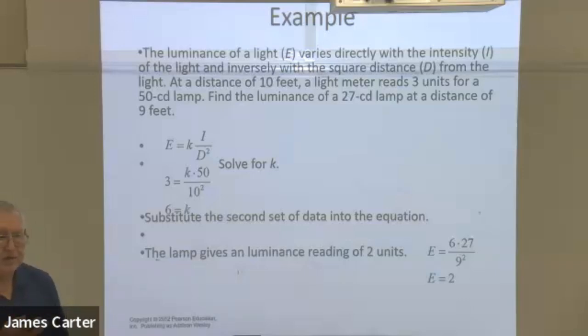The wattage is how much electricity is used. The luminance is how bright it is. So that's a consumer thing. And then here's the distance. Well, you solve this. 50 over 100 is a half. And so you take 2 over 1 times both of these, and you get K equals 6.